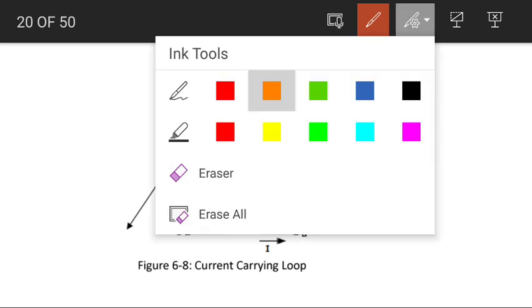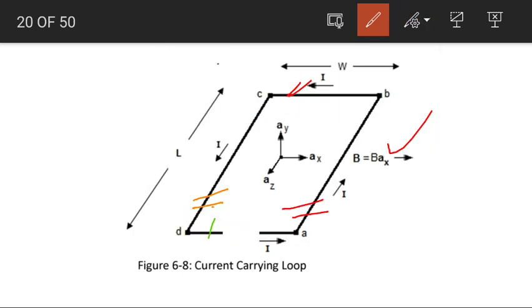And finally, we will consider side DA and calculate the force on side DA. So we shall consider all four sides of this current carrying loop, calculate the force on each side, and finally take the vector sum of all these four forces, which will be the total force on this current carrying conductor.